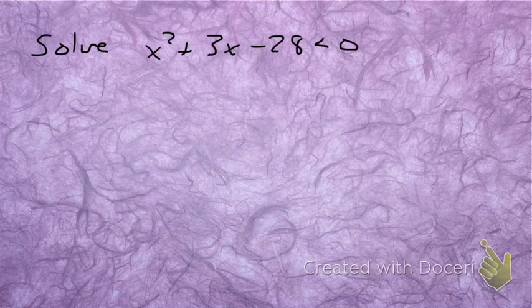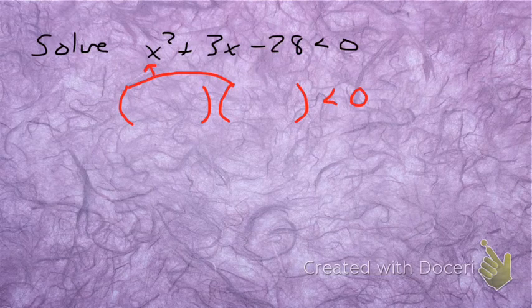X squared plus 3x minus 28 is less than 0. I'm going to factor using the monkey method. First two, x squared, boom, x and x. Last two have to multiply to negative 28. And this one's pretty easy because you don't have that many options with 28. What's it going to be? 7 and 4.